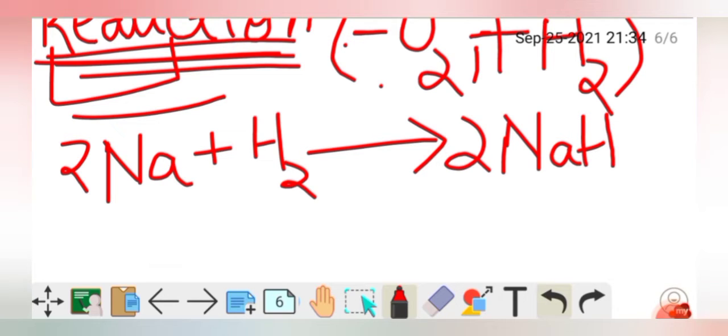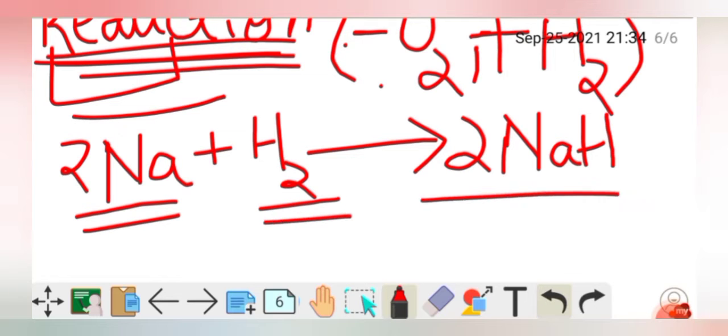So if sodium reacts with hydrogen, it forms sodium hydride.